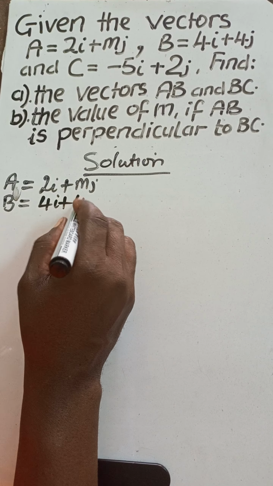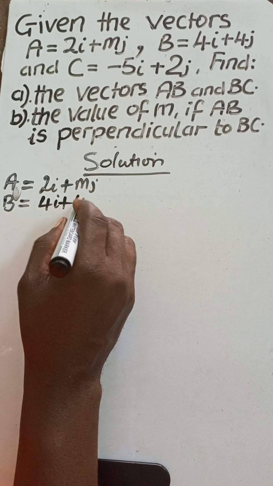The point C has position vector negative 5i plus 2j. Now, the first part, we're asked to find the vector AB and the vector BC. The vector AB will be the vector OB minus OA.